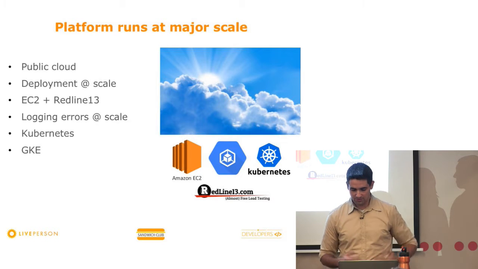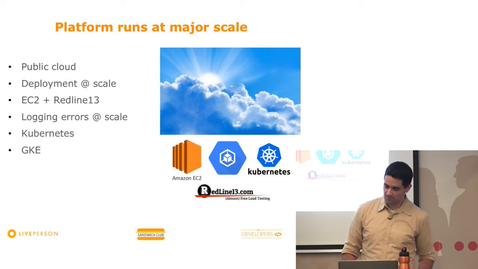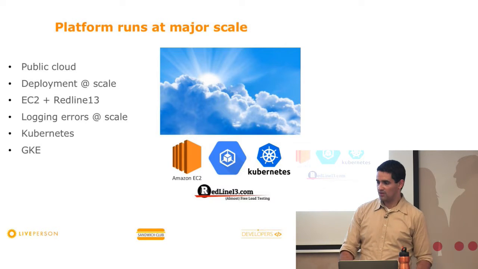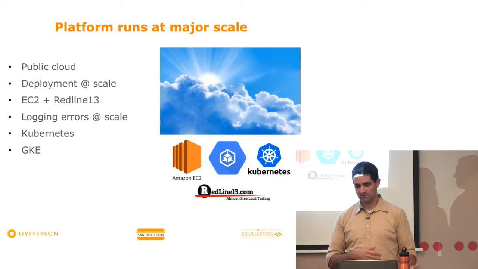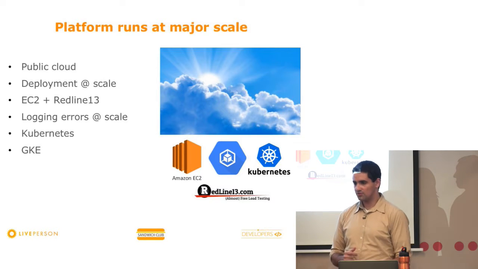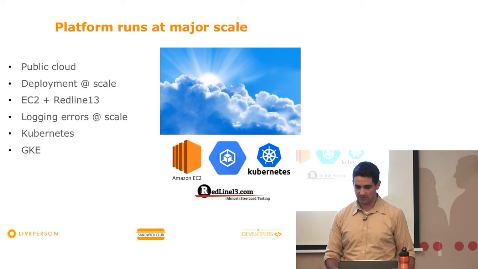In order to really be able to have our platform run on the scales we needed to, we had to make a few leaps forward in terms of our mindset, in terms of the tools we used. And it was really a natural choice to go to the public cloud for generating this traffic.